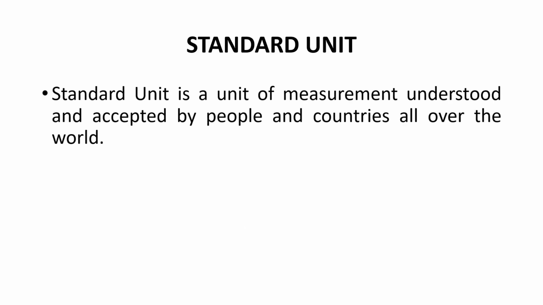In French, it's called Système International d'Unités. So what is a standard unit? A standard unit is a unit of measurement understood and accepted by people and countries all over the world.